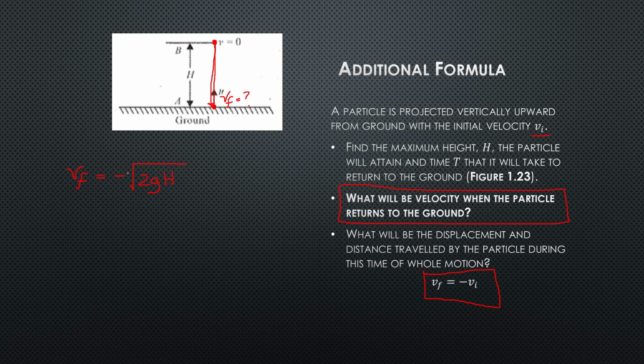And recall, negative simply refers to the direction of the final velocity, that is going down, right? Now, final velocity will be equal to negative square root of 2g times maximum height. We recall that maximum height is initial velocity squared all over g.